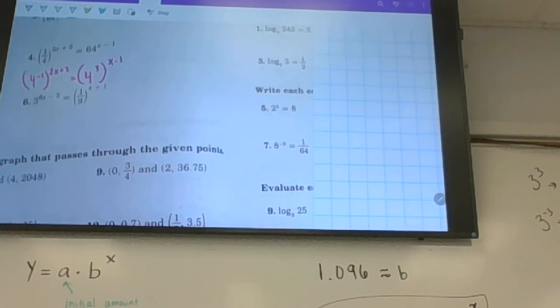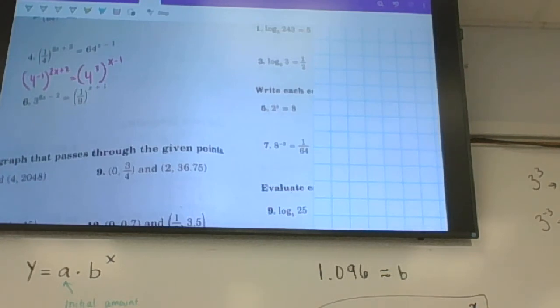Wait, I did 2 to the negative 2. That's still working now. Yeah, I think it's 2 to the 6th then. 64. 2 to the 5th is 32. So with 4, you can use 4 and go to 2.